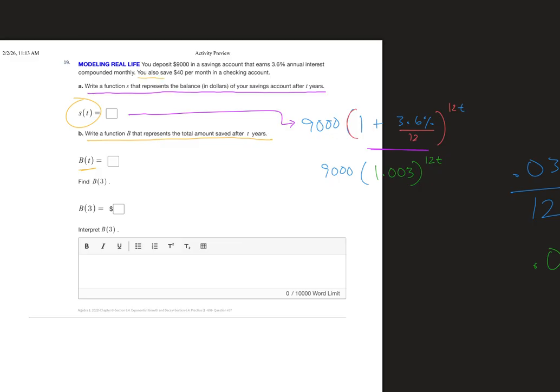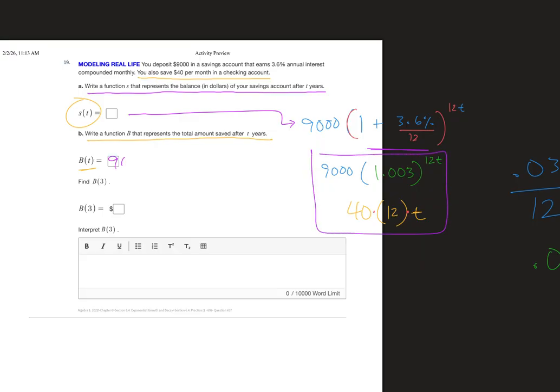And there was this other scenario, you save $40 a month in your checking account, right? So $40 a month is just going to be 40 times 12 months times however many years that you're talking about, right? It's just multiply. It is not exponents. So writing a function, it literally is just that with a plus sign in between them.